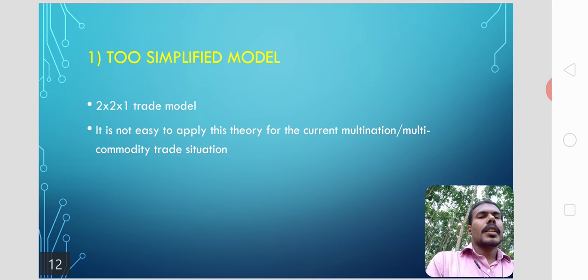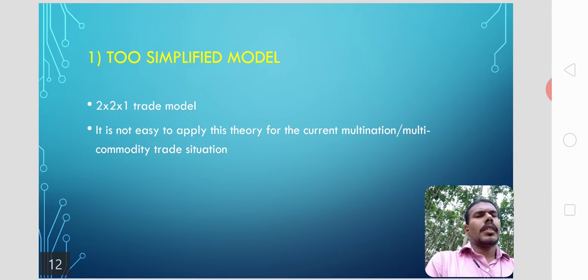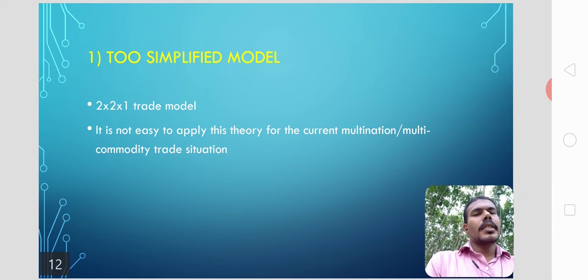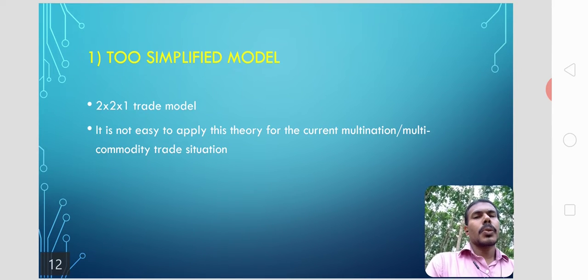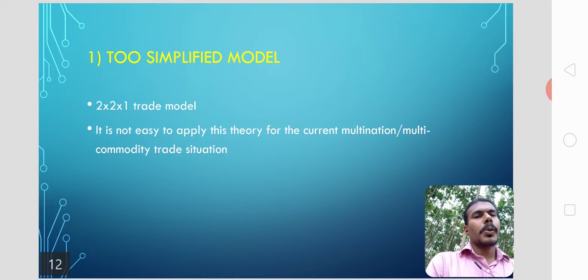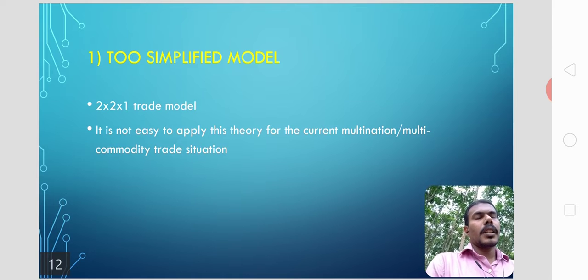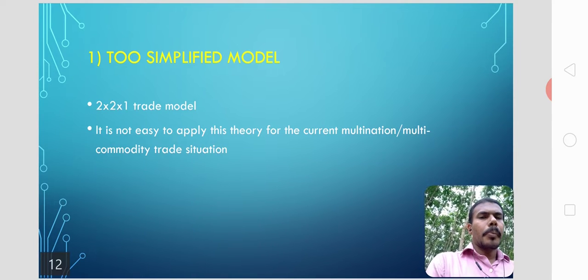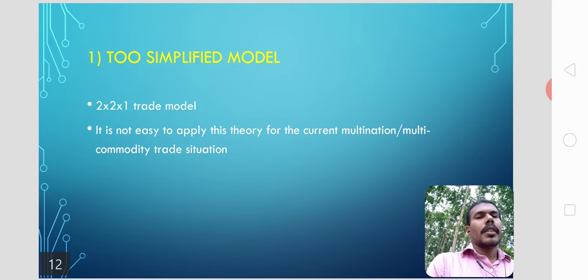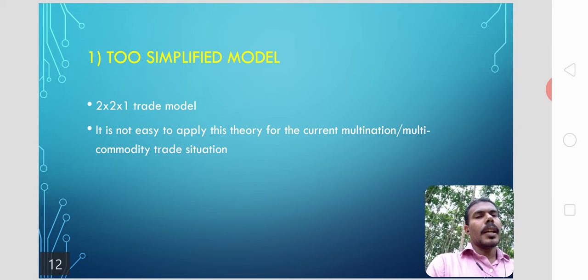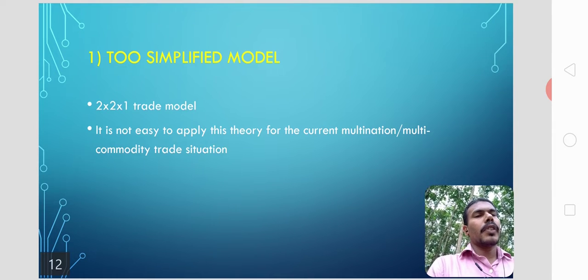So this is not a realistic assumption, as multi-nation trade is pretty common in modern day trade, and multi-commodity trade is also common, and a single factor of production is not common, as we have mainly two factors of production, labor and capital, but capital has been completely neglected, and this is a too simplified model.